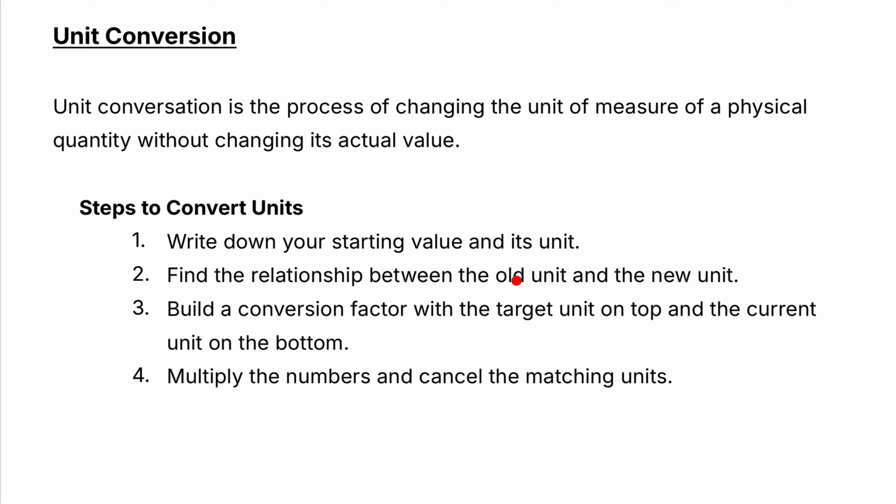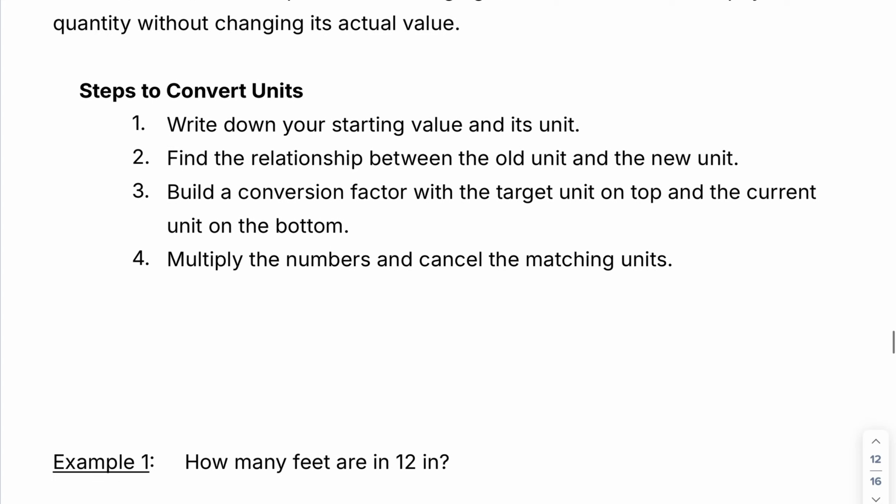But you start with the old and then do the conversion to the new. Then you're going to build a conversion factor with the target unit on top. Okay, it's going to be on top. And then the current unit on the bottom. And then lastly, you're going to multiply the numbers and cancel the matching units. All right, so I'm going to go through 6 examples so you can see how this works.